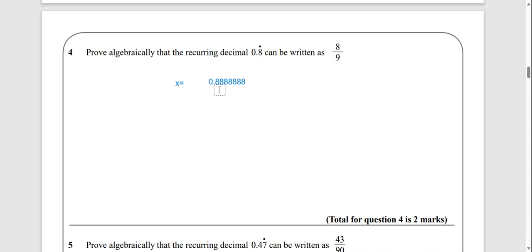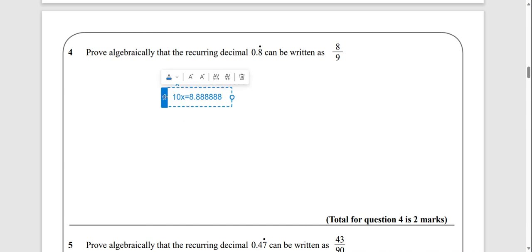So to clear it, I just want to get the 8 over to this side and then the rest of them trailing behind. So to get the 8 over, I need to just times it by 10. So if x is equal to 0.88888, 10x would be 8.8888. Okay?